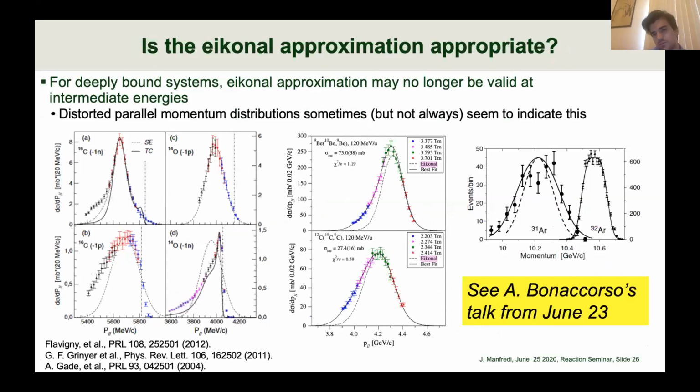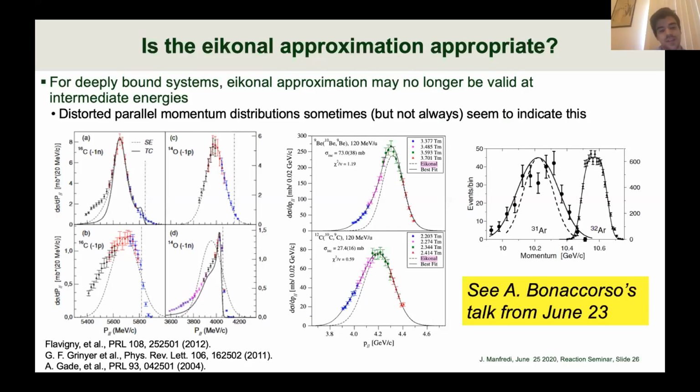So we can brainstorm as to what's happening with the knockout that we get this strong asymmetry dependence that nobody else sees. One possible reason is the eikonal approach not being appropriate. We have these intermediate energies, which seem to be pretty high, but when we have a really deeply bound system, that assumption may no longer be good.